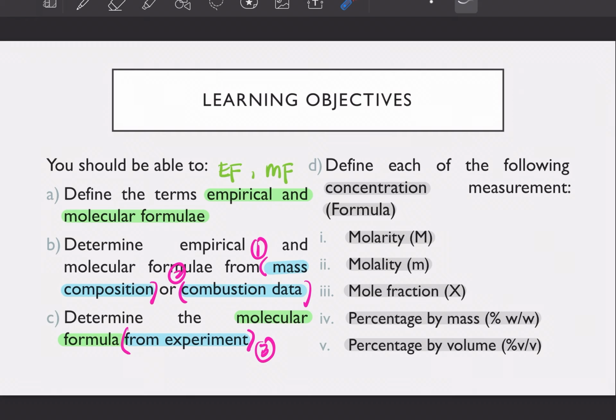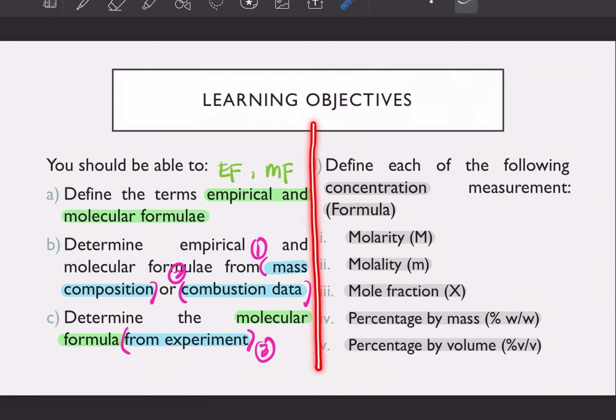Then we are going to determine empirical and molecular formula from mass composition, or you can also find them by combustion data. And finally, determine the molecular formula from experiments. So that's the first part of 1.2.